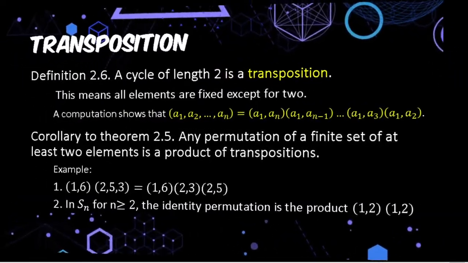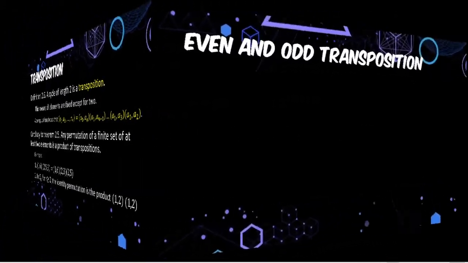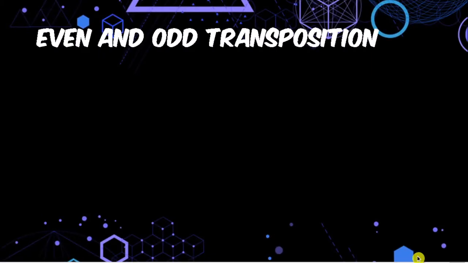So that leads us to the discussion of what we call even and odd transpositions. So transposition pa rin naman. When do we say that a permutation is even or odd?